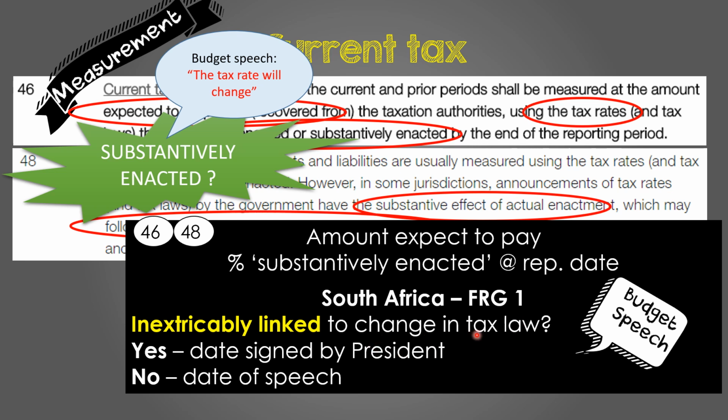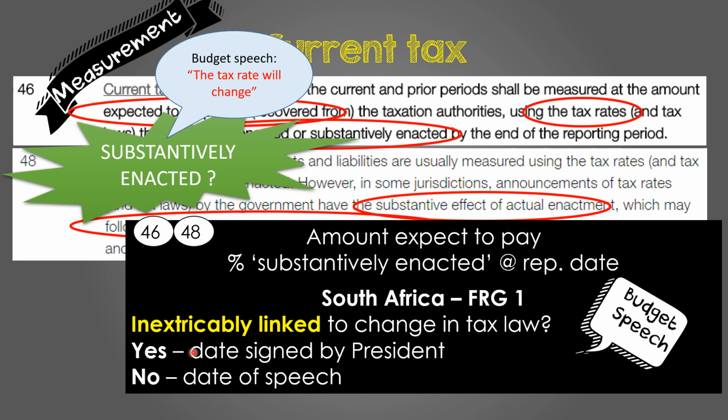So the change in the tax law will be when the President signs this change. And if there is a link that cannot be broken between the announcement and when the tax law will be changed, then it means that we will not have a substantive enactment date.